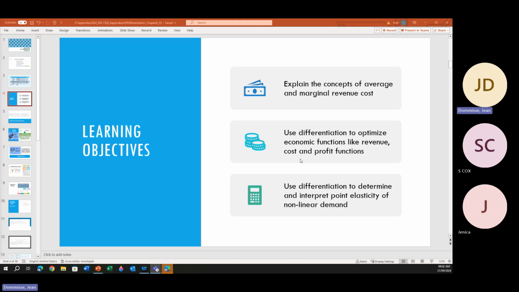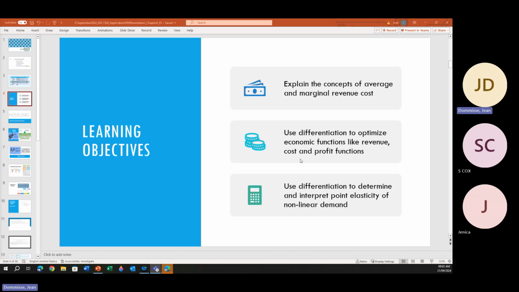So just like we did with the previous sections, we will try to look at the revenue, cost, and profit functions and see where there's a maximum or minimum. And then, because this is now going to be a non-linear equation, we also need to be able to work out elasticity. So remember, way back at the beginning, we had worked out elasticities for linear regression lines.